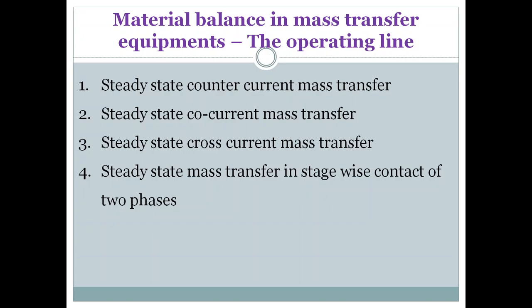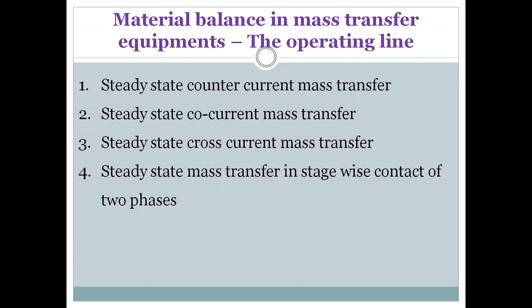We know the equilibrium relations between two phases for a particular solute. Now we are trying to get the operating line, at which concentration the process is operated. That is what we are interested in this chapter.